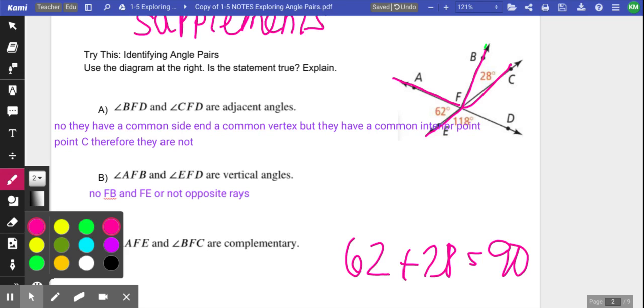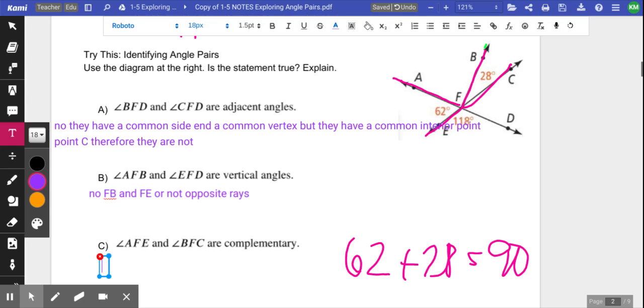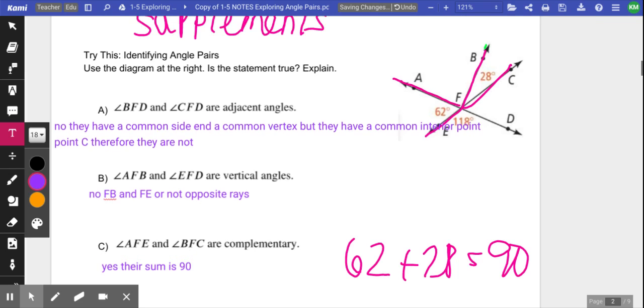So are they complementary? And very simply, we can state yes, their sum is 90. Done. And that's how you would work to kind of reinforce the angle relationships and work in that matter.